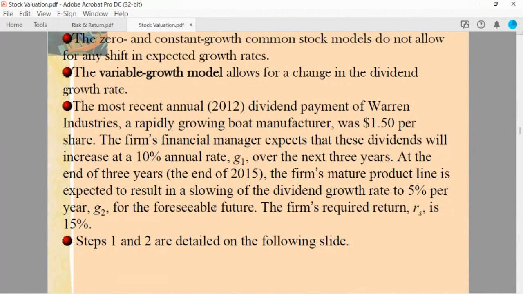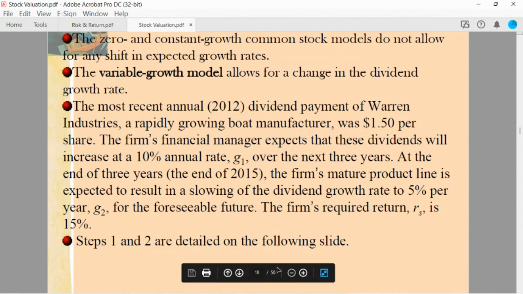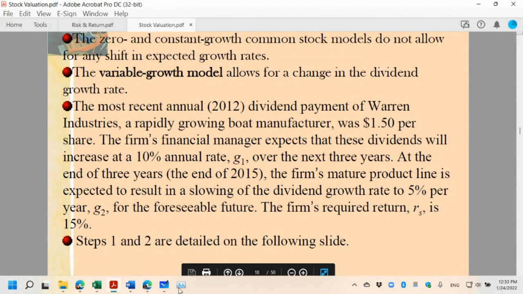Beyond that, we can't, right? So in other words, it means indefinitely, as far as within our time horizon. Okay. The firm's required return is 15%.